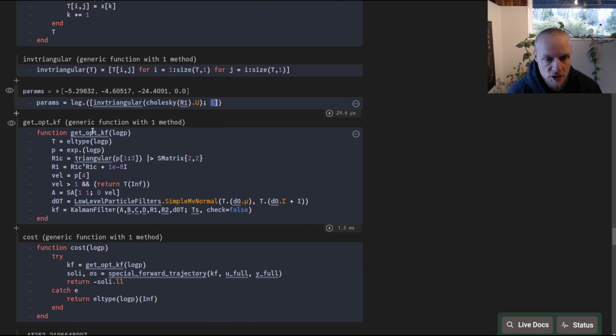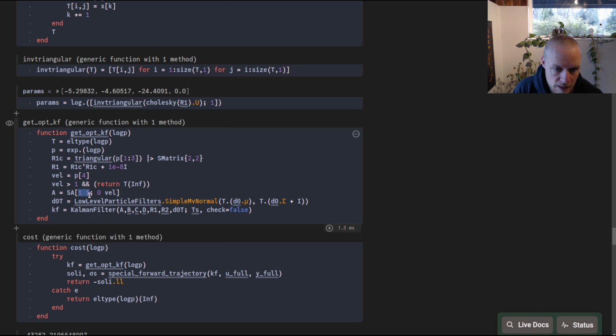Then I have a helper function that takes a vector of log parameters, exponentiates those, and computes the Cholesky factor of the covariance matrix. Then I compute the covariance matrix, it's the Cholesky factor times itself. And then I add a small amount of numeric regularization here to make the problem a bit simpler. And then I construct the dynamics matrix.